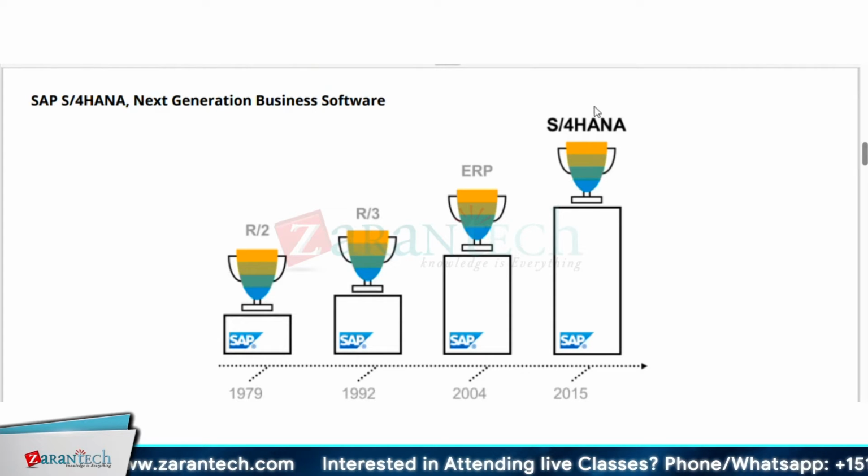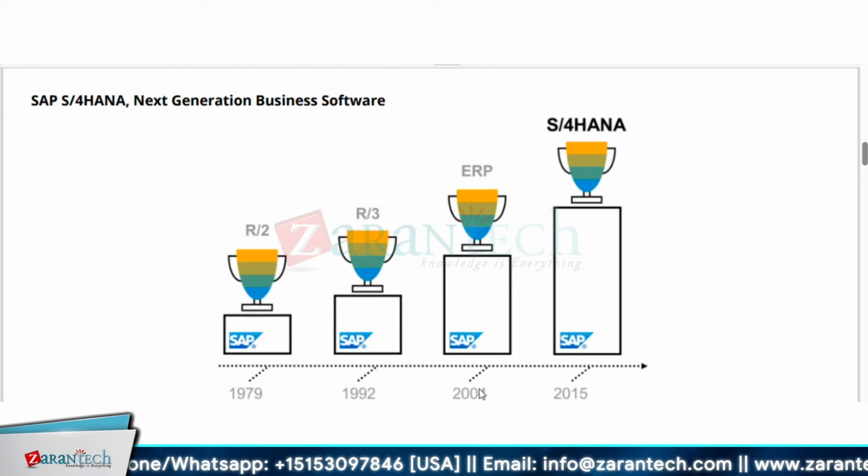NetWeaver also allowed businesses to access and share data across systems, be it a legacy system, an ECC system, or any system, non-SAP as well as SAP. And there was an introduction of a web-based interface in 2004.